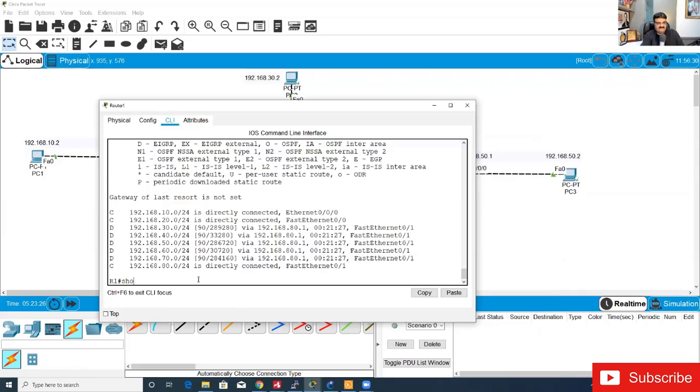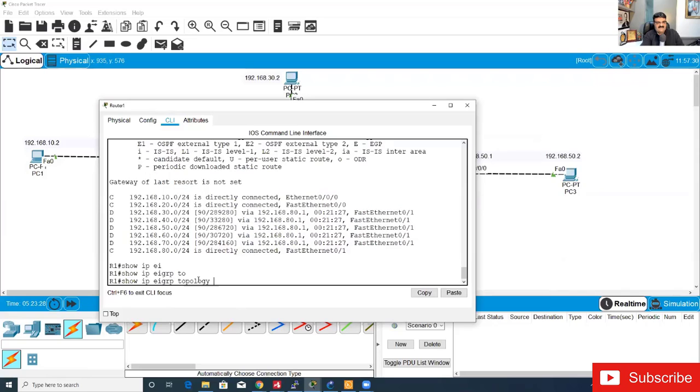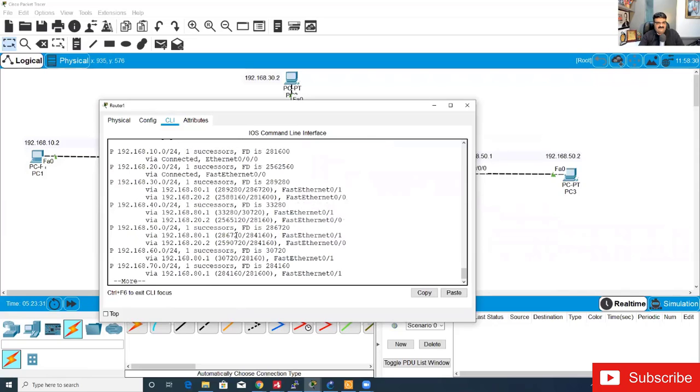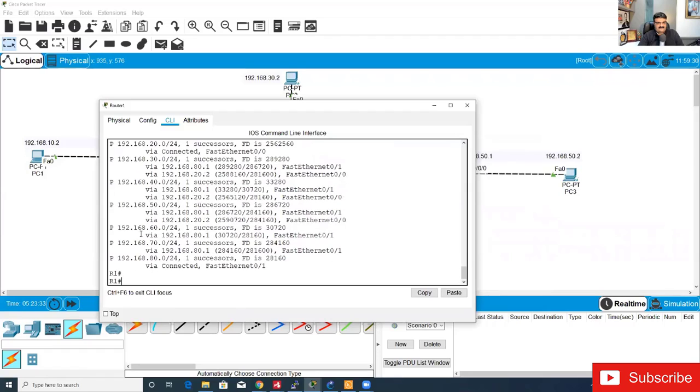Bryce, hello. So show ip eigrp topology. And when you verify this, see, I'm having two routes, like for 50, I'm having two routes. One is 80.1 and one is 20.2, right? But I'm having only one successor. Why?